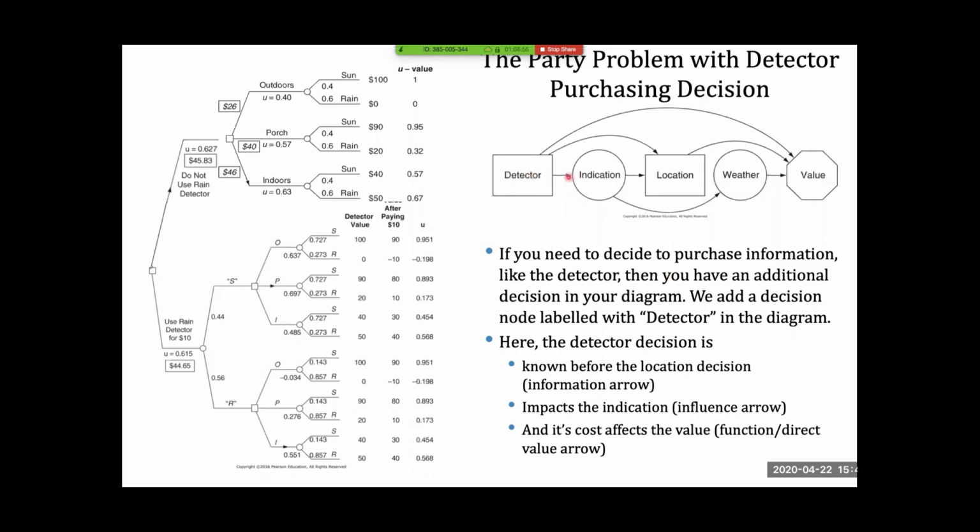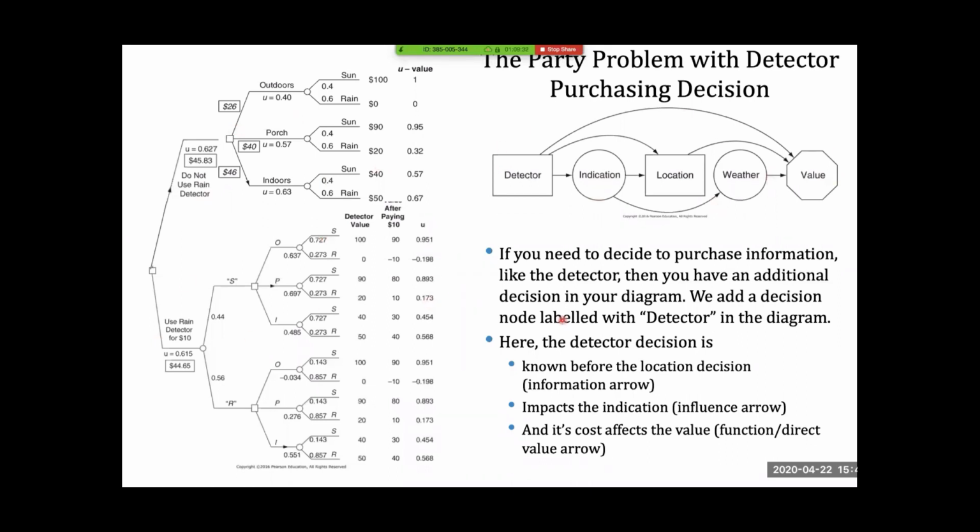It is an influence arrow, and this is a direct value arrow. This is an information arrow. So we have this decision diagram to represent this decision tree. This is the most complicated decision tree that we have looked at in this semester's classes, and you can succinctly represent it with this decision diagram.